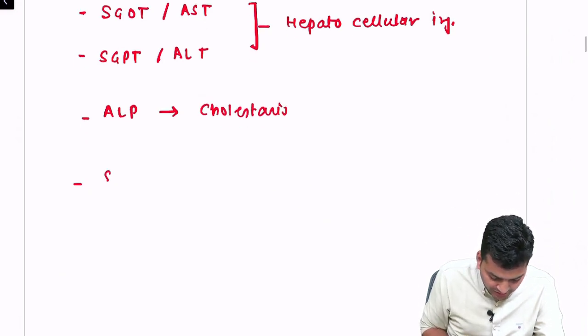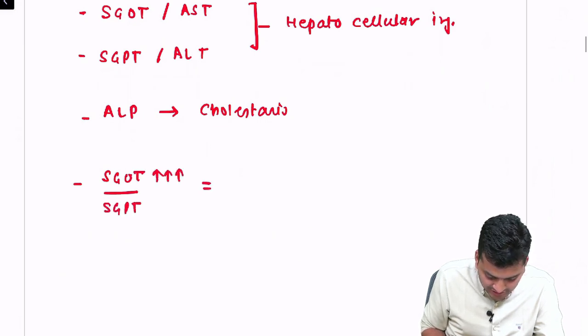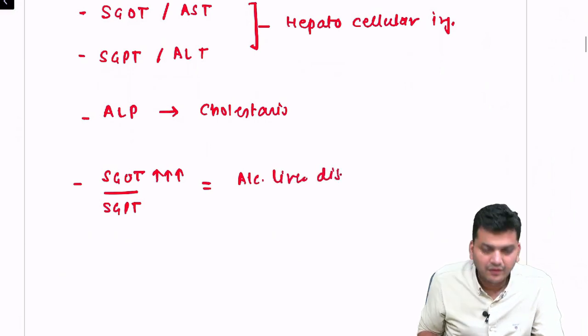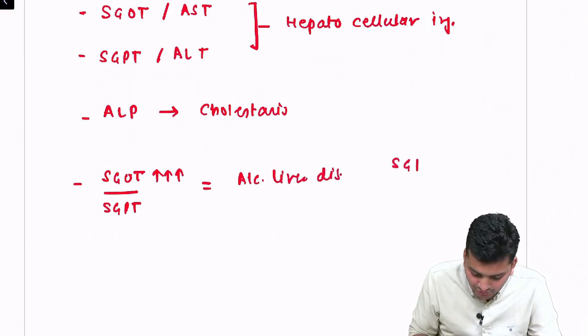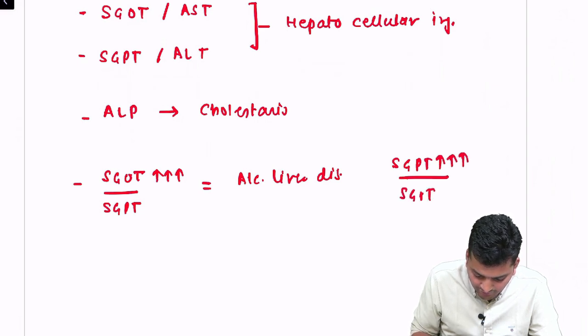When the SGOT, SGPT is more, you have to see which is more. If the SGOT is twice or more than that, it is alcoholic liver disease. If the SGPT is more than the SGOT, then it is non-alcoholic liver disease.